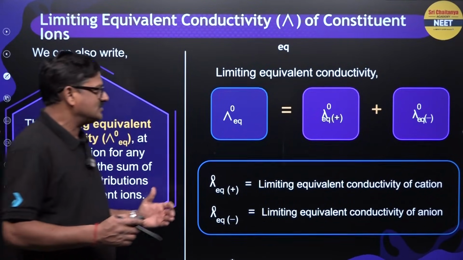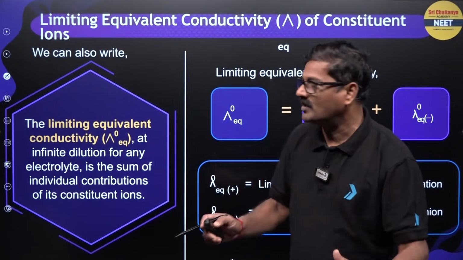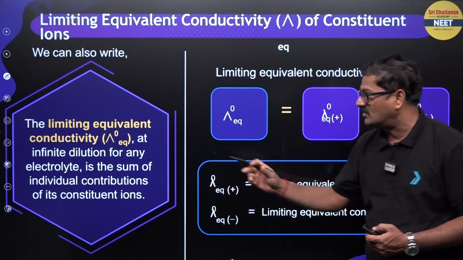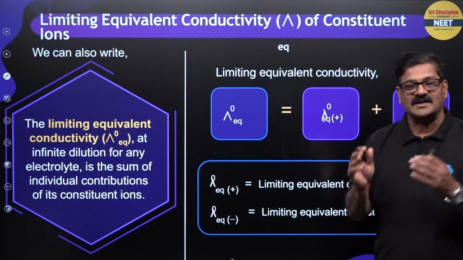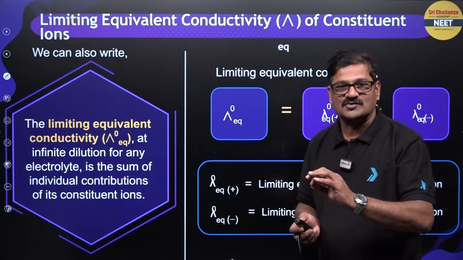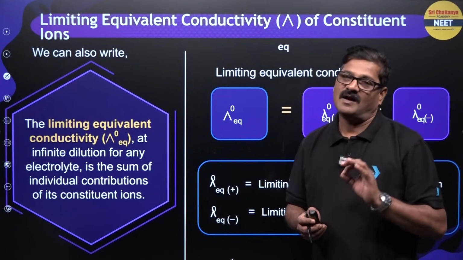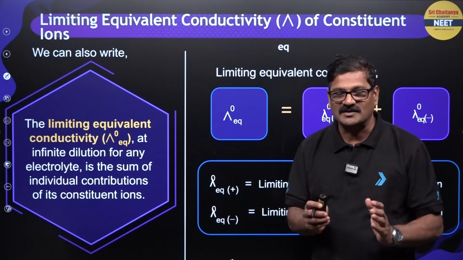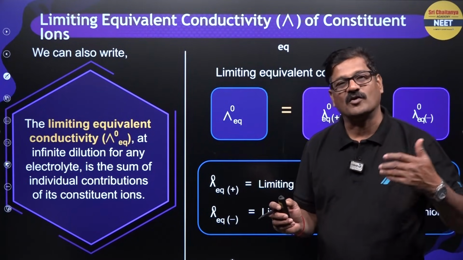And I just want to give an overall picture about the limiting equivalent conductivity of constituent ions. At infinite dilution, it is going to be the sum of the ionic mobilities, the equivalent conductances, of the constituent ions.